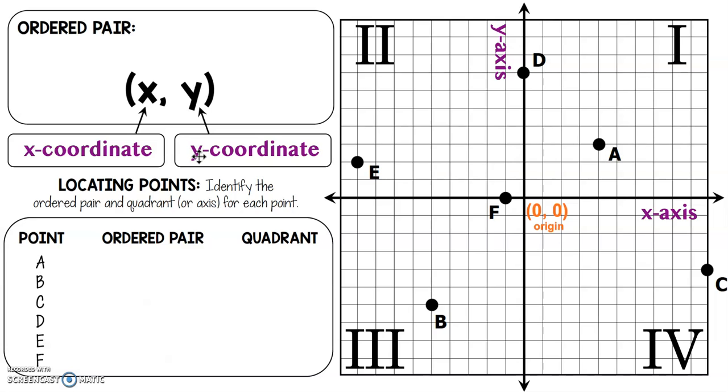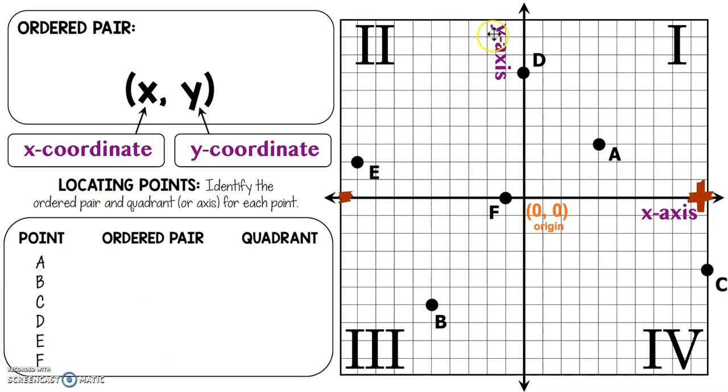Next, let's identify the positive and negative parts of each axis. I know I'm always going to start at the origin, and if I move to the right, we know that's our positive direction. If I go from the origin to the left, that's where all my negative x values are located. So if we're on the left side of the graph, that means we have a negative x value. If we're on the positive side of the graph, we're going to have a positive x value.